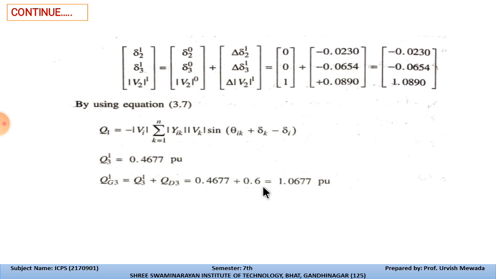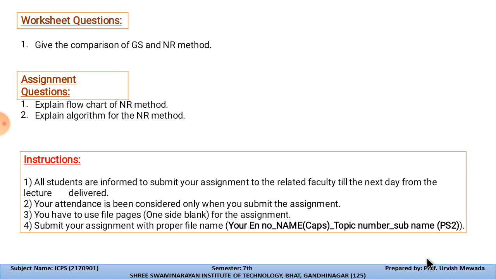So we have the value of QD3, that is 0.6. So QG3 dash will be 1.0677 pu. So this is what we can calculate with the help of the NR method flowchart and from the algorithm.